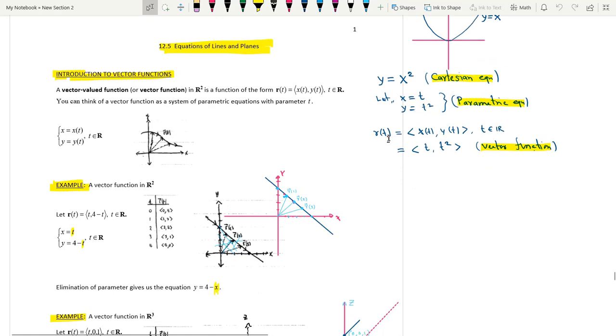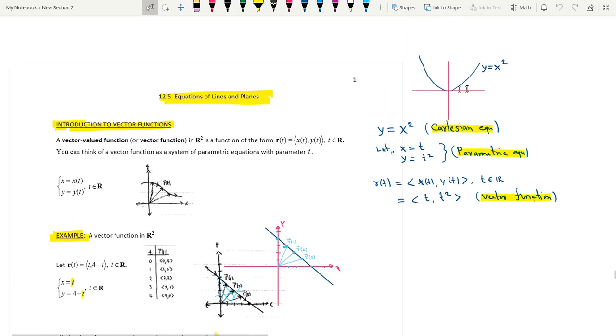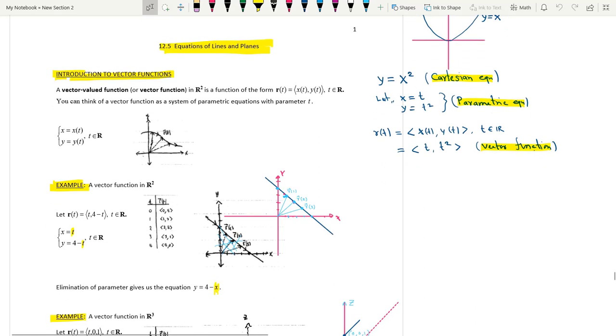Now the vector function r of t would be x of t comma y of t, where x of t is t and y of t is t squared. So this is the vector function of this graph. You can think of a vector function as a system of parametric equations with parameter t.